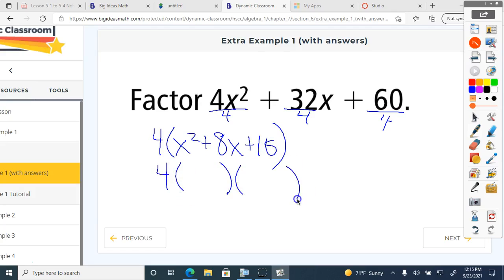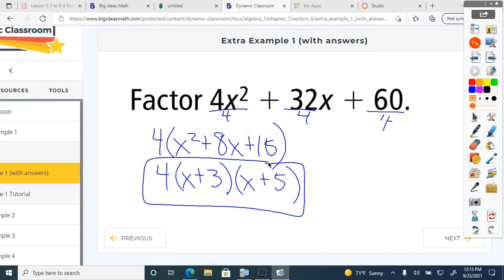Now I can do my binomial factors. What 2 numbers multiply to be 15 and add up to 8? 3 and 5. Okay? Everybody good on factoring out a common factor? And then factoring? All right?